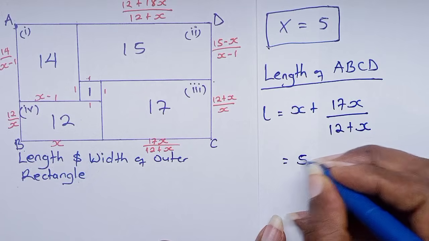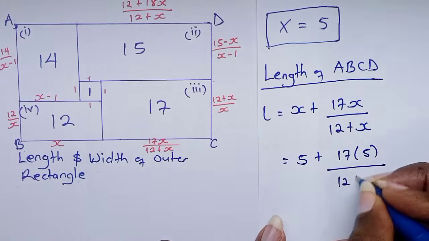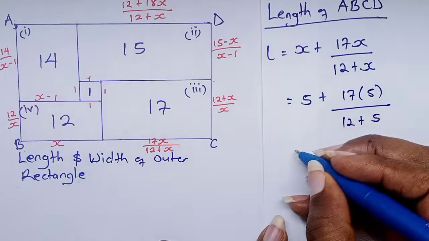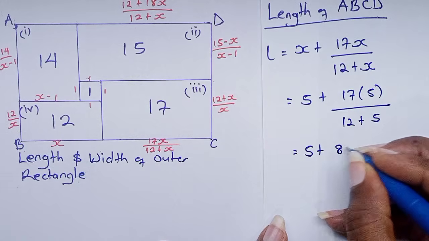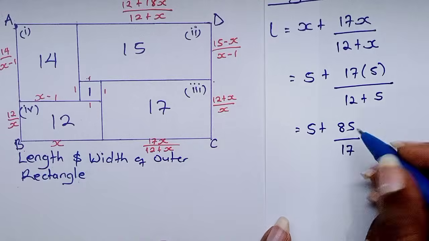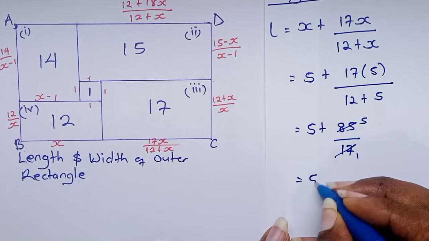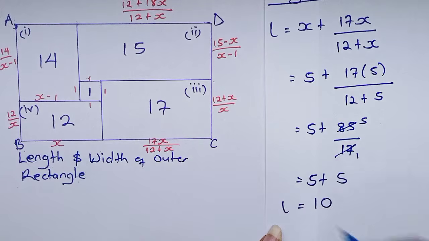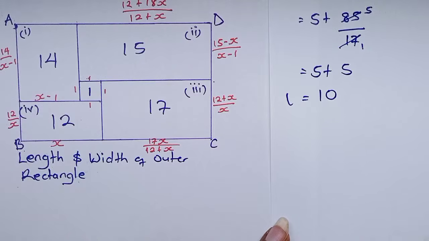This will be equal to 5 plus 17 times 5 over 12 plus 5. So this is 5 plus 85 over 17. 17 goes into 85 5 times. So this will be 5 plus 5, so our length is 10. Okay, the length of ABCD is 10 units.